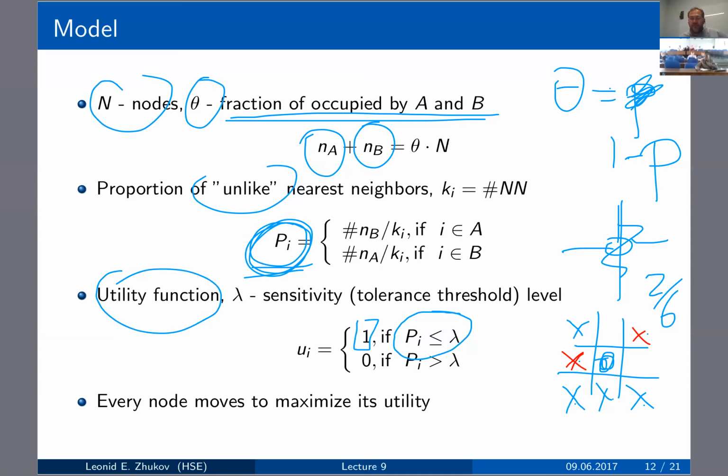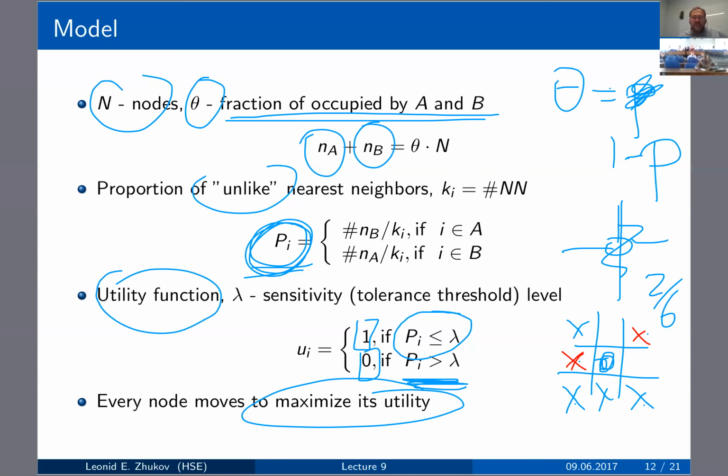Satisfaction is 1. And if that fraction exceeds the threshold, satisfaction drops to 0. And then mathematically, what we want is that every node moves to maximize its utility, because every node wants to be satisfied. So whenever it's unsatisfied, it moves on.